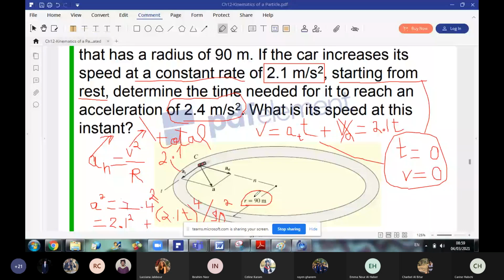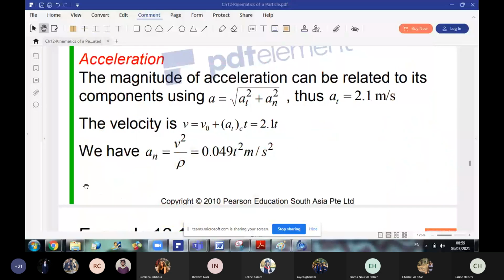Let me show you the solution in a clearer way in the next slides. As the first step, we know that a is the square root of at squared plus an squared, and at is known. Since an is a function of velocity, the second step is to find v as a function of time.